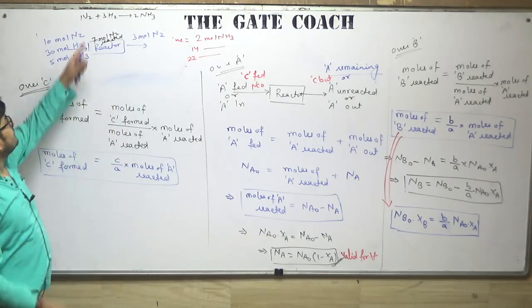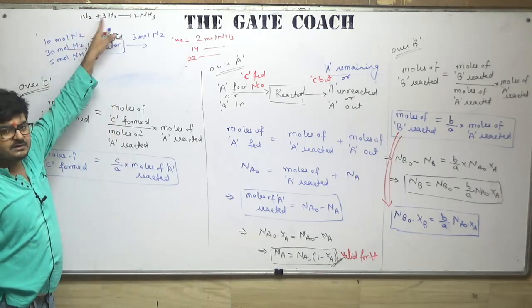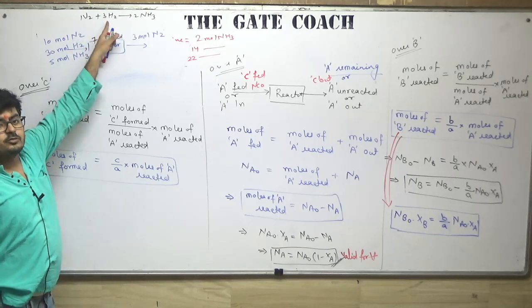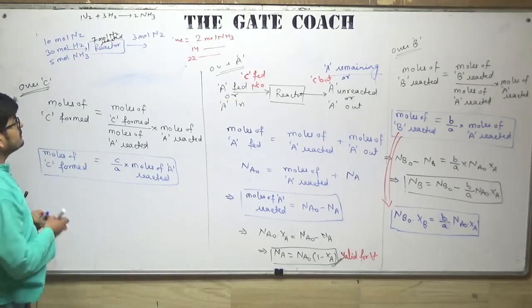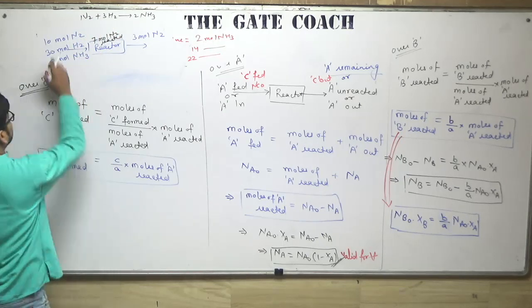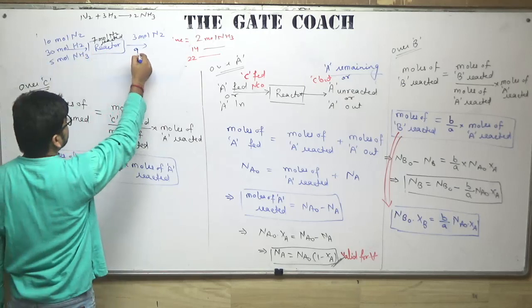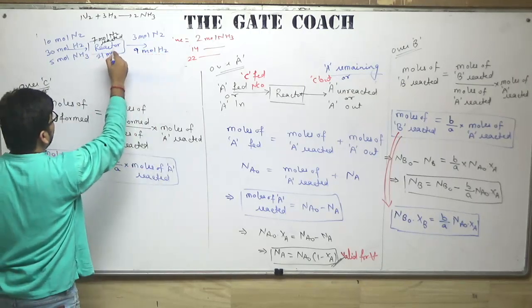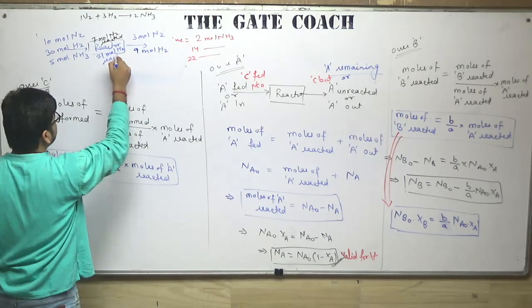From the reaction we can see that 1 mole nitrogen reacts with 3 moles hydrogen. So 7 moles nitrogen will react with 21 moles of hydrogen. So hydrogen remaining will be 30 minus 21, that is 9 moles, because 21 moles of hydrogen will react.